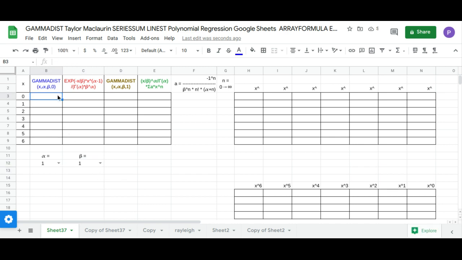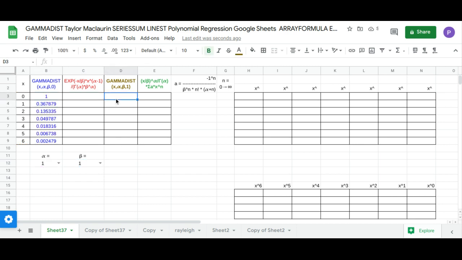Now we generate the dataset of the GAMMADIST in the probability density functions. Array formula, GAMMADIST of the x values, where this is our alpha and beta, and 0 because this is the probability density function.